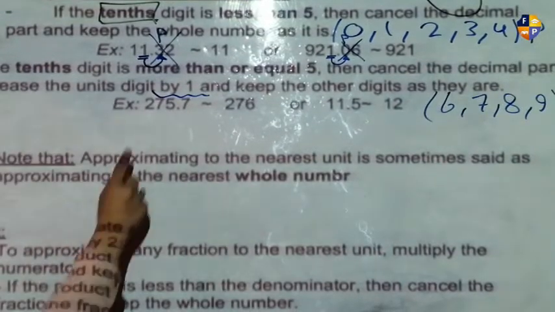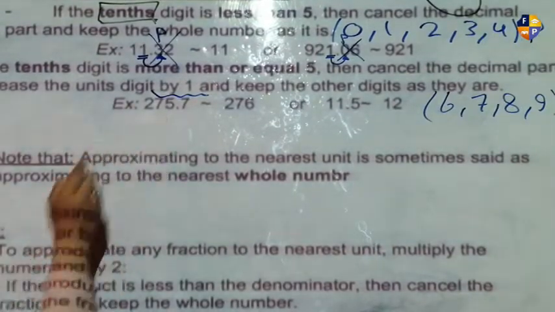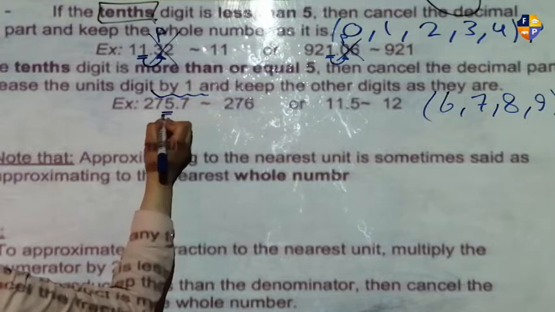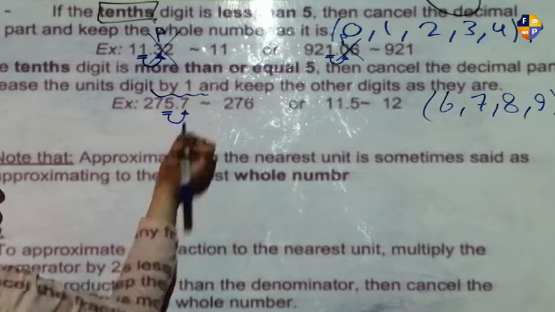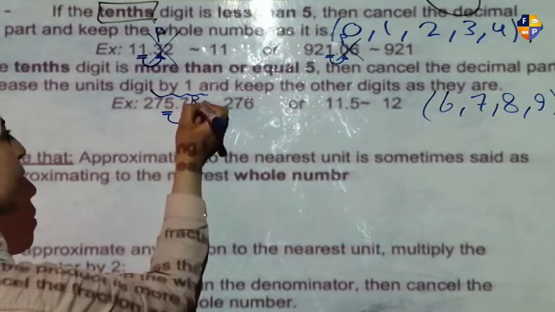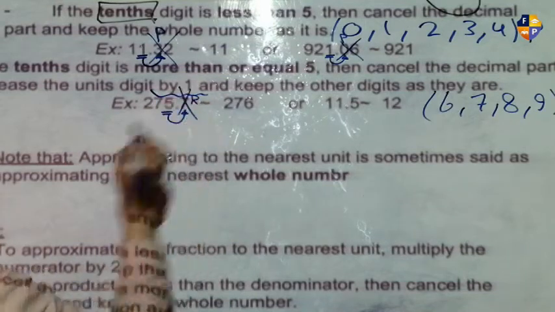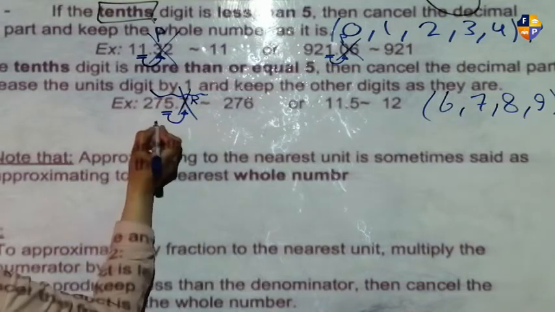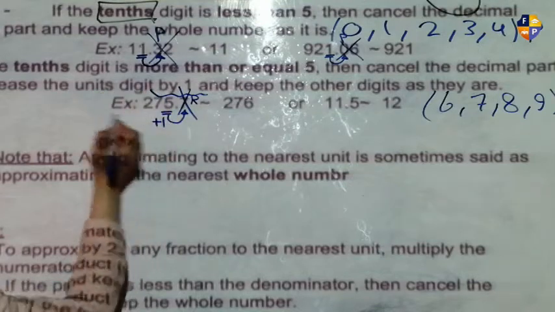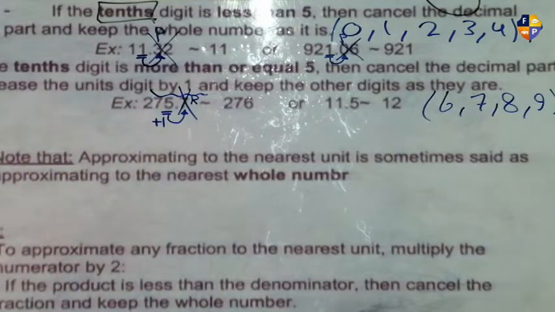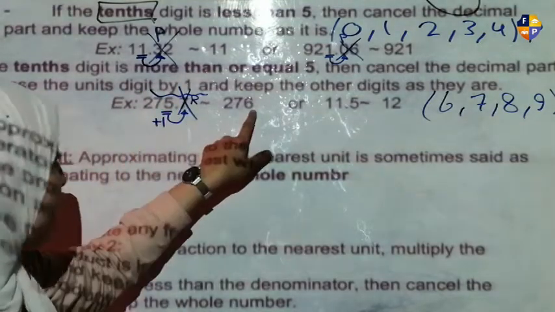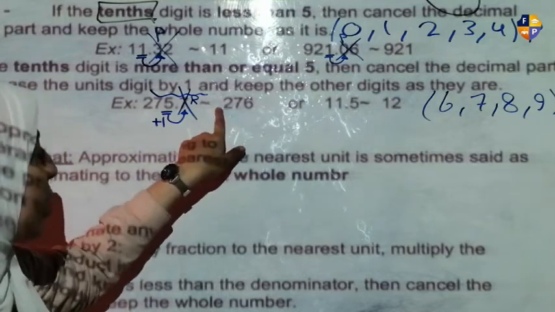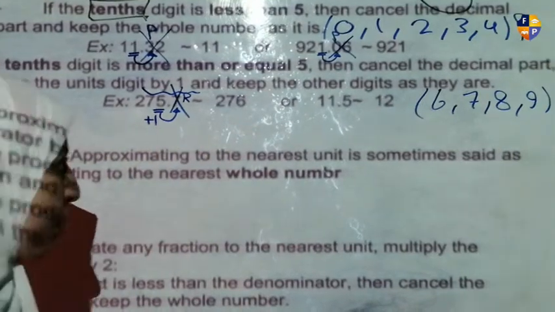So if I have 275.7, underline the digit in units, look at the digit in tenths, 7 is rich. Cancel the decimal part and add 1 to units and keep the other digits before units as they are. So 5 will be 6, and 7 in tens, 2 in hundreds, 276.